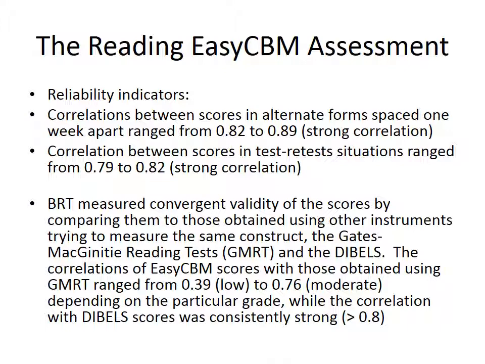The correlation between ECCBN scores and GMRT range from 0.39 to 0.76 depending on the grade, while the correlation with DIBELS scores was much stronger and was always above 0.8 for all grades. That is considered a very strong correlation.